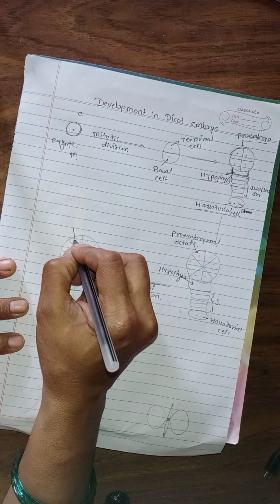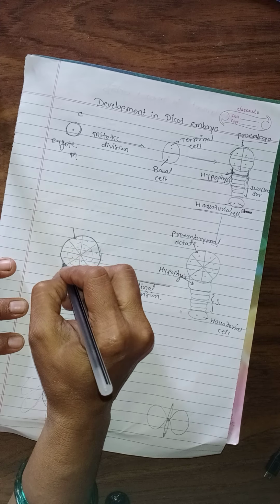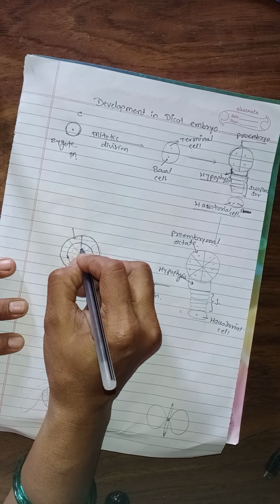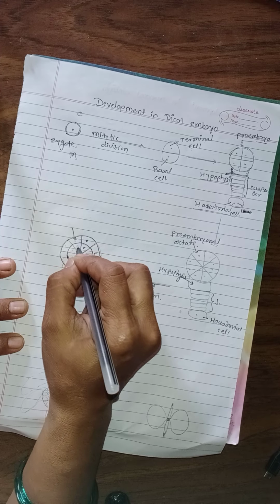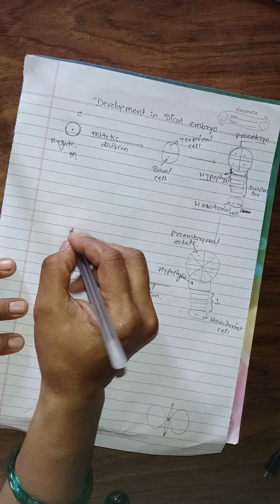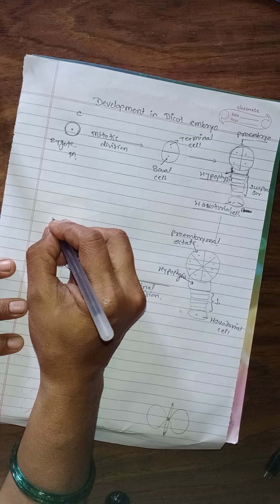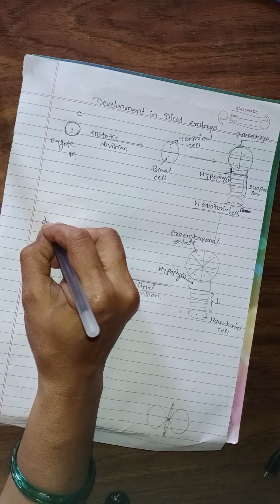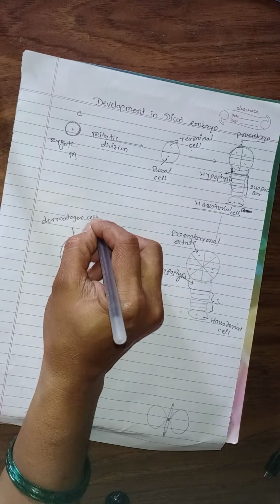And these outer cells, this division takes place, and one cell is divided into 2 cells. This outer cell is known as dermatogen cell.